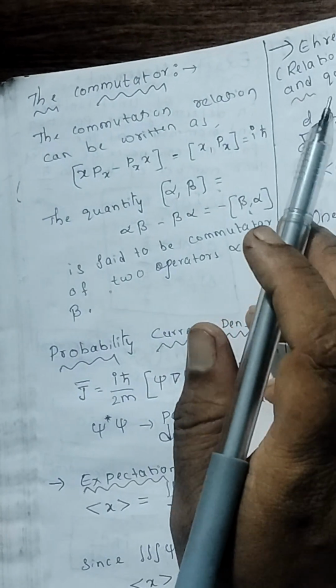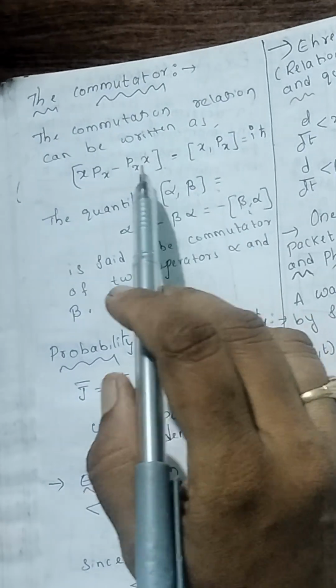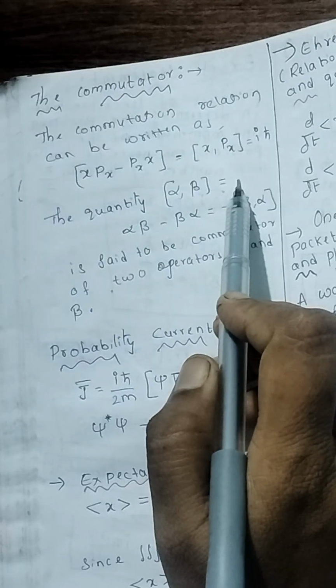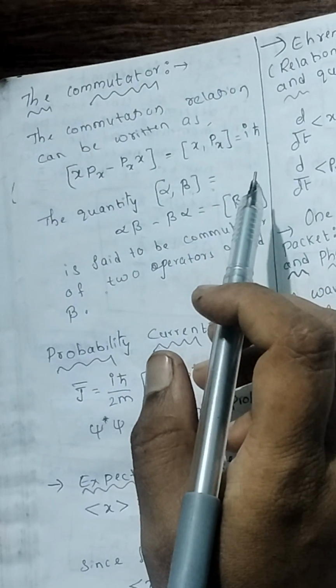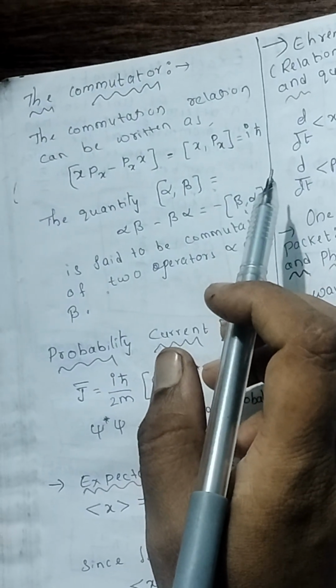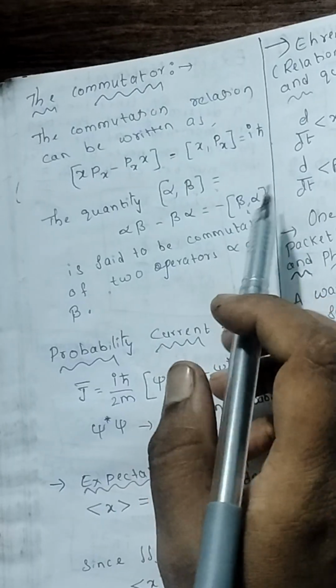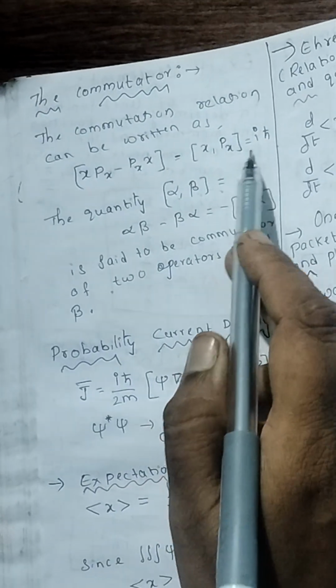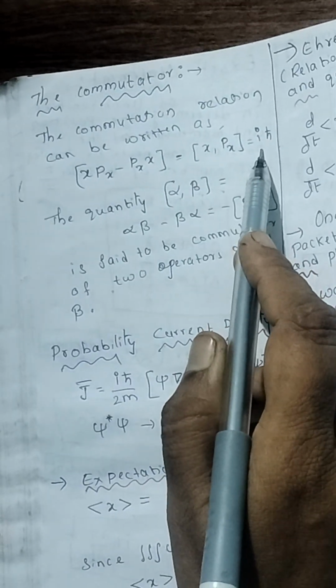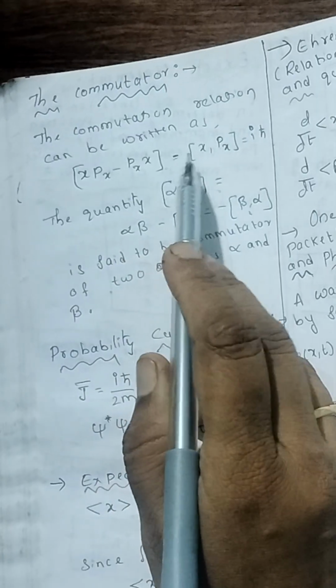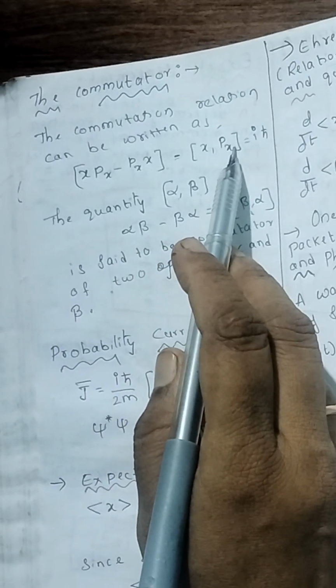Now next, if [alpha, beta] is equal to 0, then the operators are said to commute. Here the commutator has the non-zero value iħ.